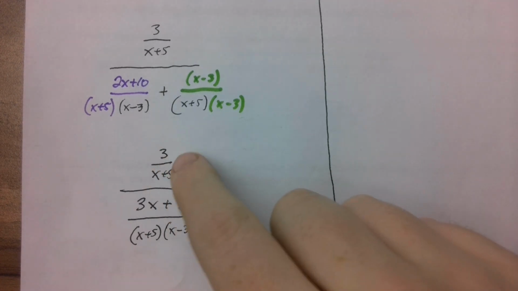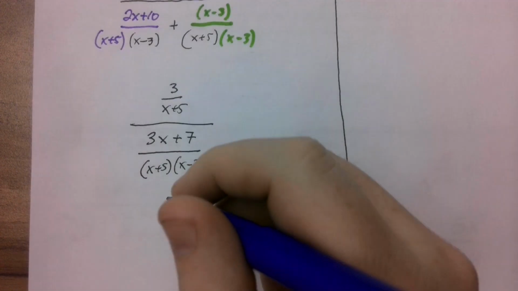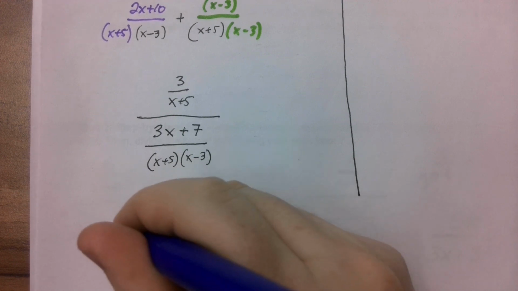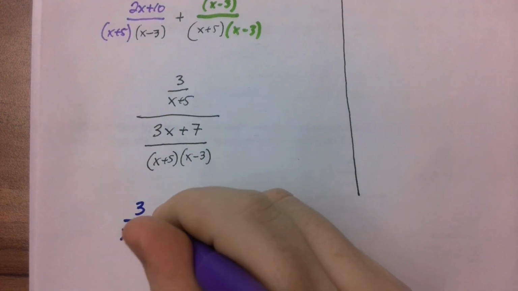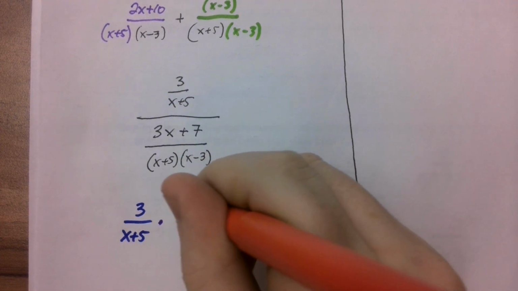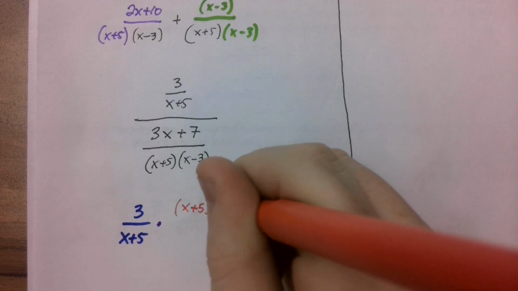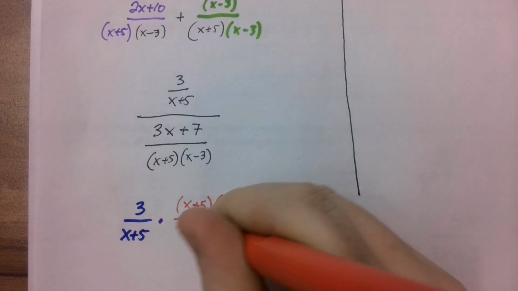Now, since we just have one fraction divided by one other fraction, no adding or subtracting of fractions here, we can do our keep, change, flip. We keep 3 over x plus 5. We change our division into multiplication, and we flip our big denominator so that its littler denominator is on top and its littler numerator is on bottom.